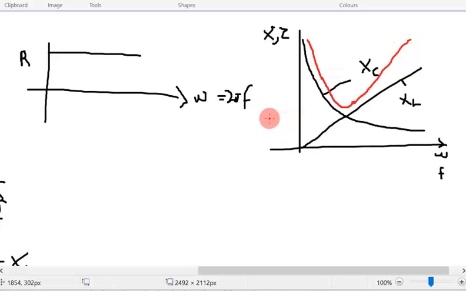Remember, we can have the resistance here. This one should be the impedance, the total impedance. The impedance will vary, and at a point when the capacitive reactance and the inductive reactance are equal, they will have a total reactance of 0, and the impedance will be equal to the resistance itself. Look at this again.